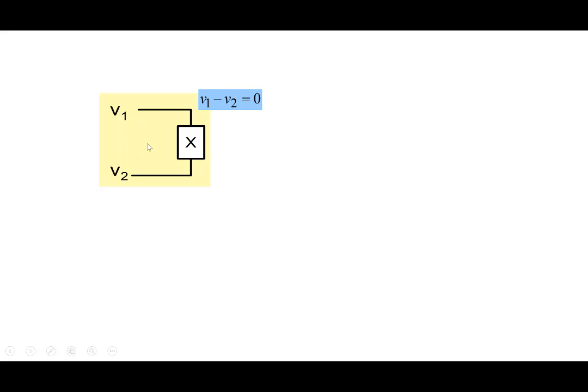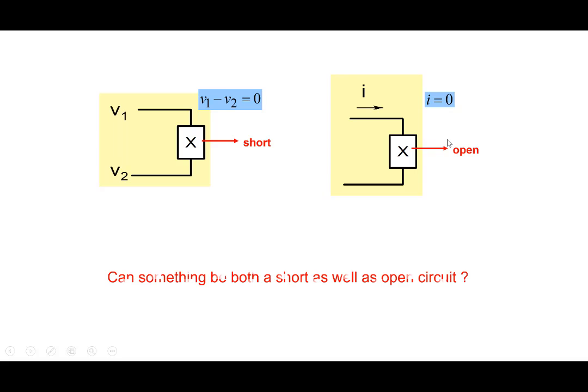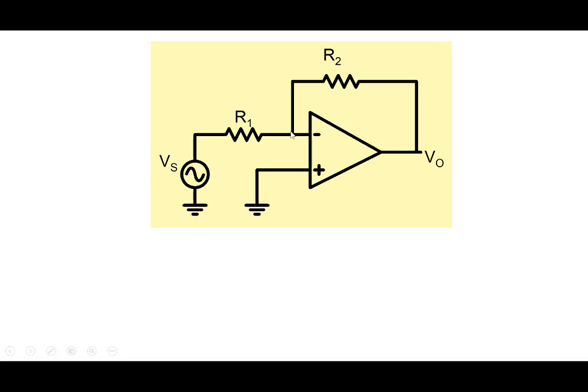If somebody tells you V1 minus V2 is 0, we would think it is like a short. On the other hand, if somebody tells you I is equal to 0 going through this particular one, you'll say it's like an open circuit. So can something be both a short as well as an open circuit? Well, our op-amp between these two terminals is behaving like this.